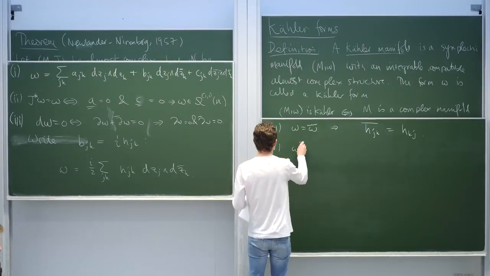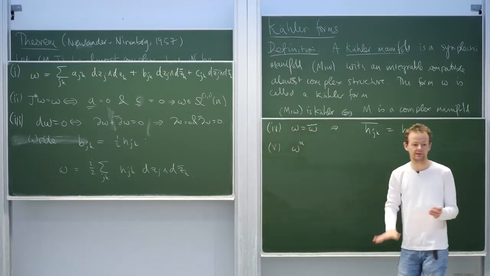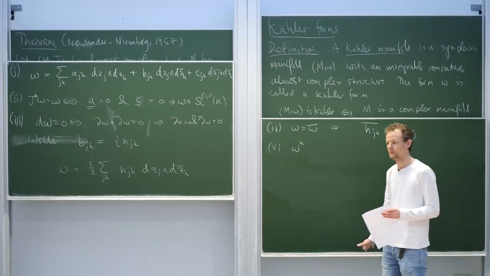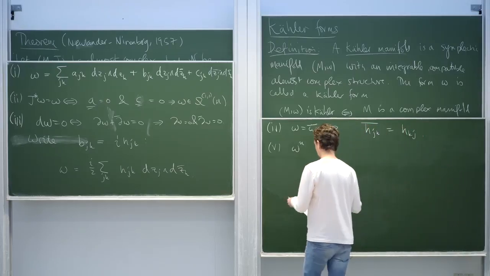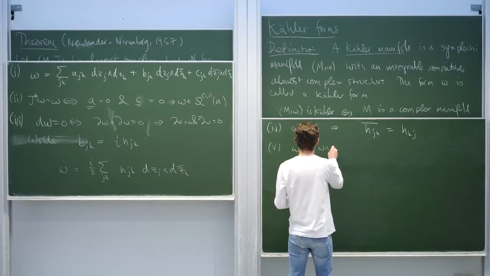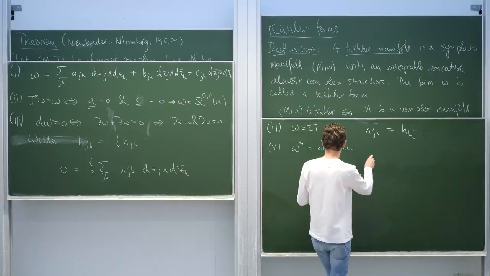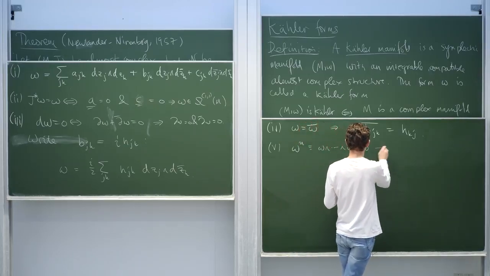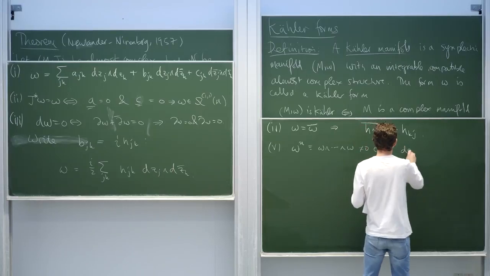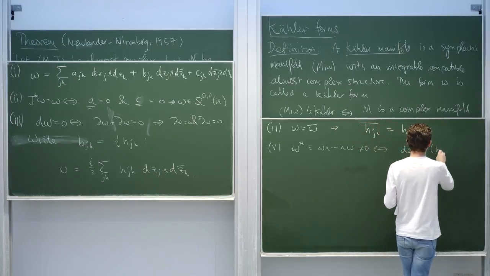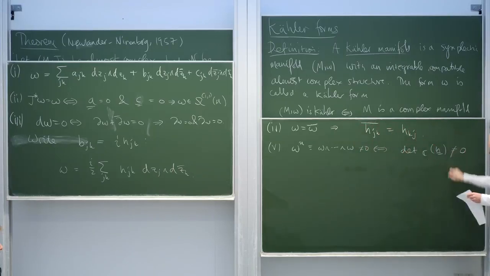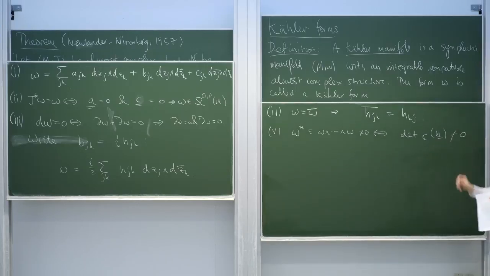Another consequence is that if you wedge omega n times, we know that it has to be non-zero. But that's actually the same as saying that the determinant over the complex numbers of the matrix H is not equal to 0. So H is an invertible Hermitian matrix.